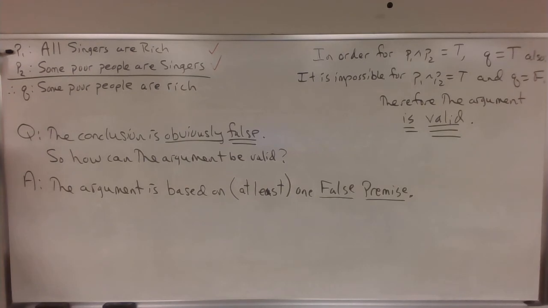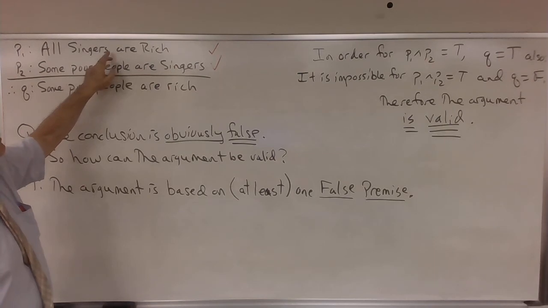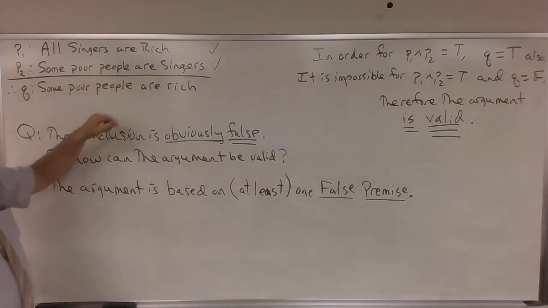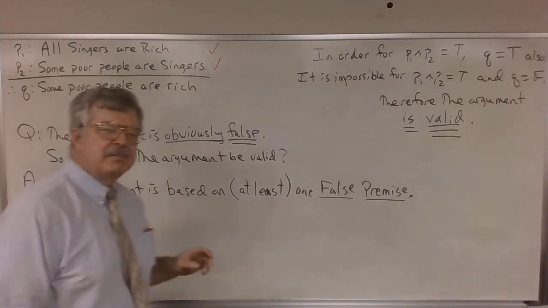This premise is false. It's not necessarily true that all singers are rich. So at least one of the premises is false. And it may be that both of them are false. Is it necessarily true that there are some poor people who are singers? Well, that's probably true.